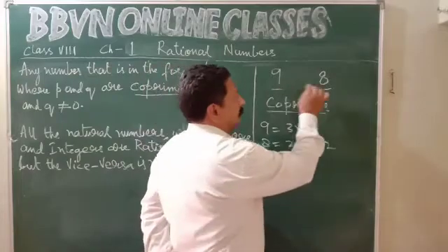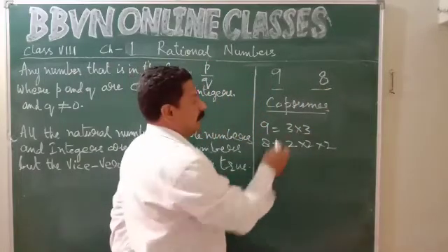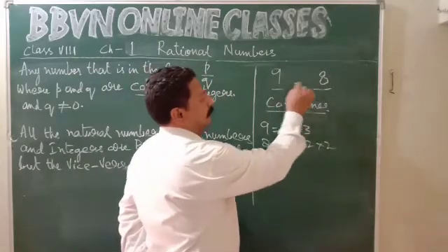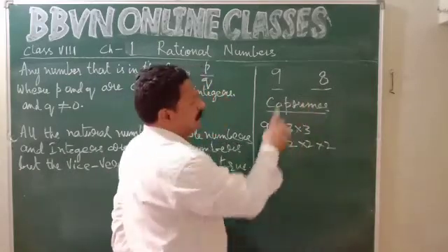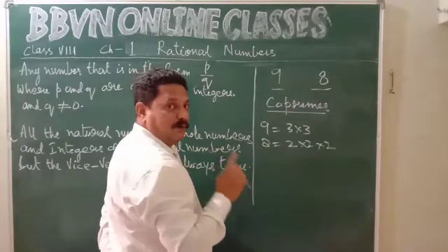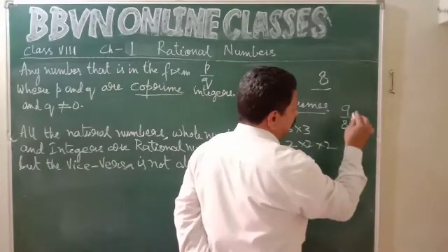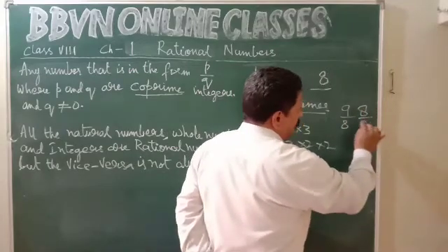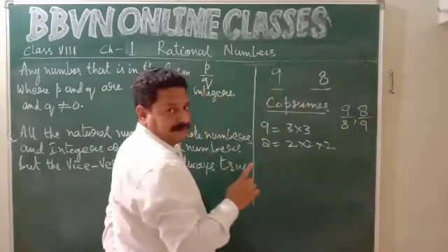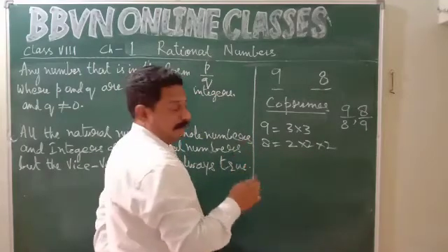So 9 and 8 being composite numbers, they are co-primes. If I have them together, they do not have any common factor. So you can have a rational number 9 upon 8 or 8 upon 9. Understood? So this is what I mean by co-primes.